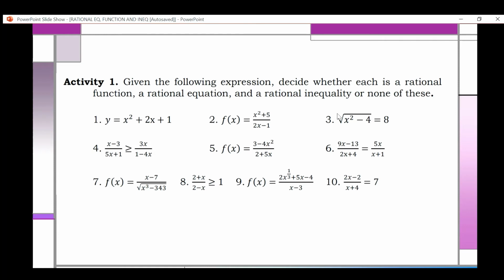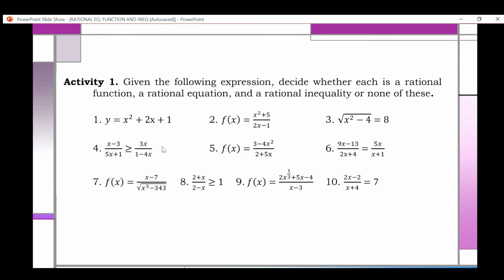Okay? For number 3, we have here a radical expression. So the answer here is none of this. All right. For number 4, we have here a rational expression on both sides, and then the usage of the greater than or equal sign.